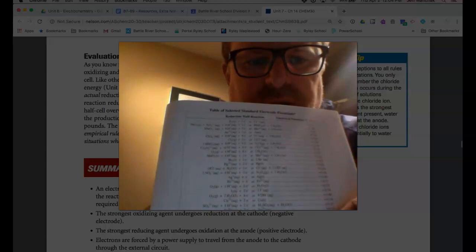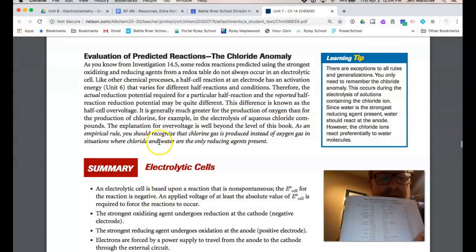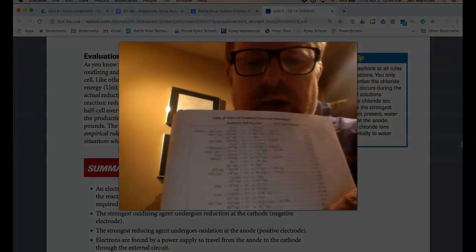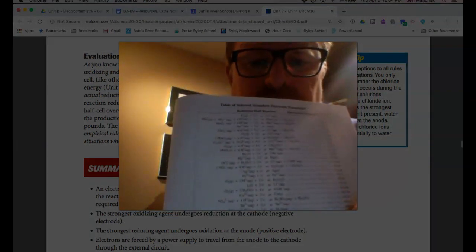What this section says is that chlorine gas is produced instead of oxygen gas where chloride and water are the only reducing agents present. So when we go through our table, and I know this is really hard to see, there's the chloride ions there and there's the water there.